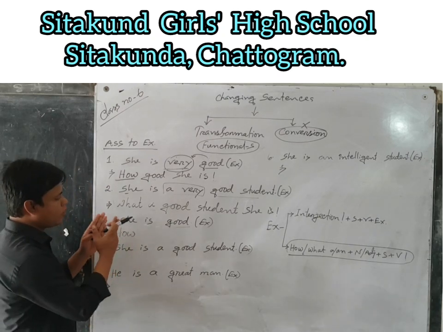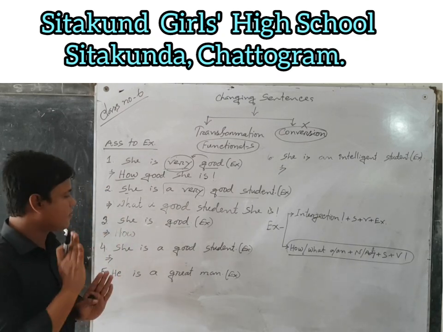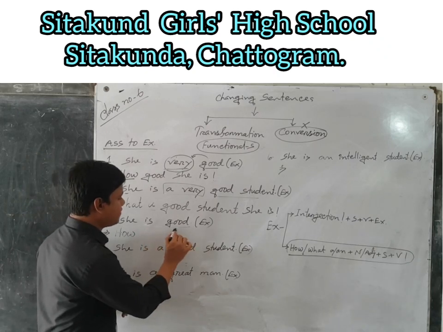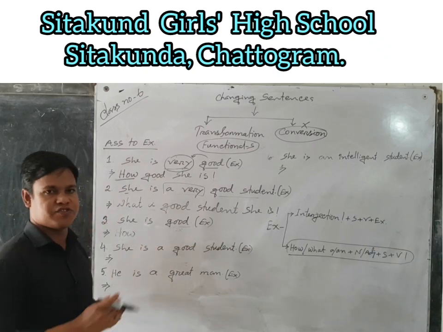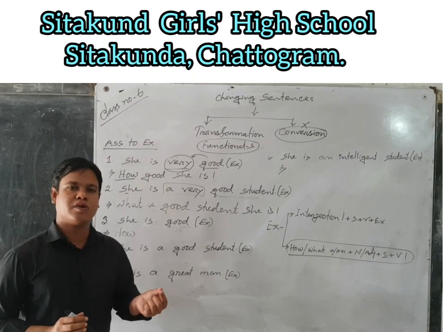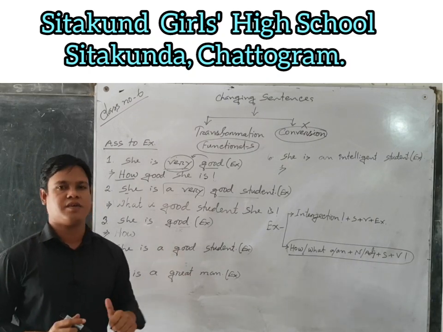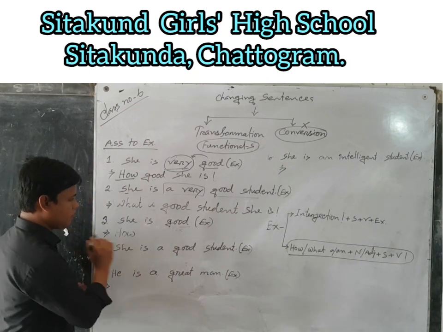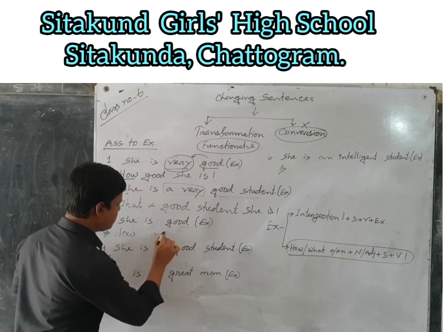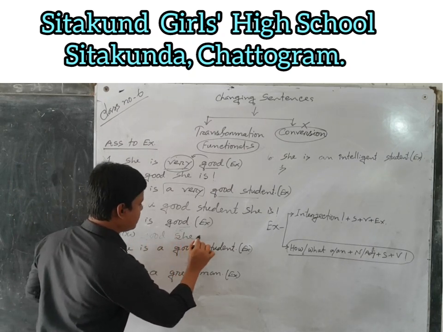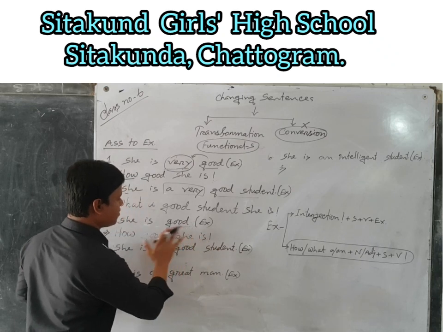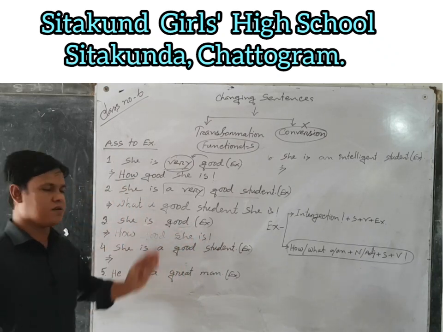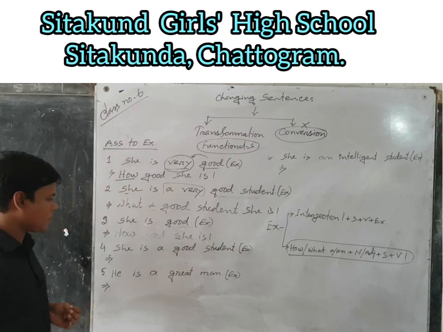If there is no article in the assertive sentence, then the next part after the verb, which is called the extension, will always be an adjective. So we can use how. How good she is. She is good. How good she is.